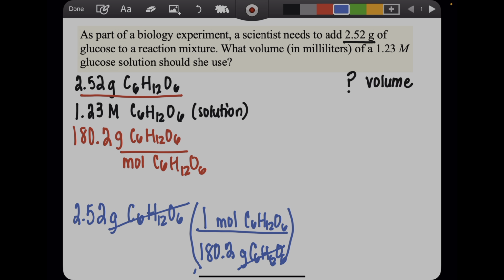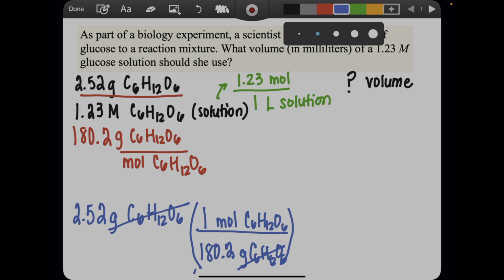And luckily, obviously we have our solution, our concentration. So what does the concentration actually mean? Well, it means that she has 1.23 moles of glucose per liter of solution. So we need to know how much solution she needs. And regarding what I just said, we can use that as a conversion factor to change from moles to the amount of volume that we need.